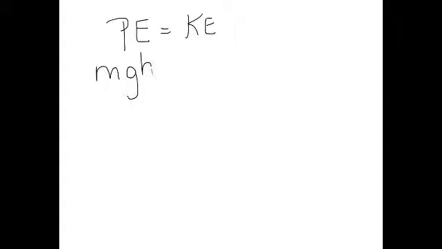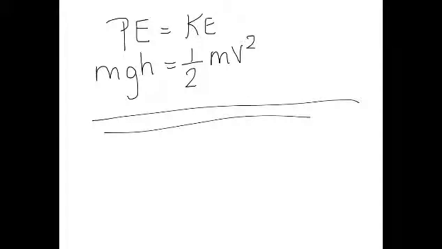So we know potential energy equals kinetic energy. So that means mass times gravity times height is equal to 1/2 mass times velocity squared. So let's look at a couple more examples.